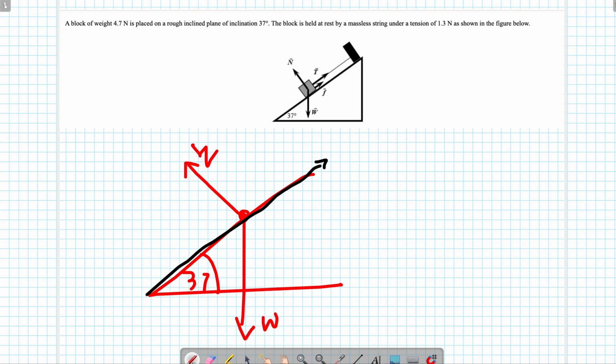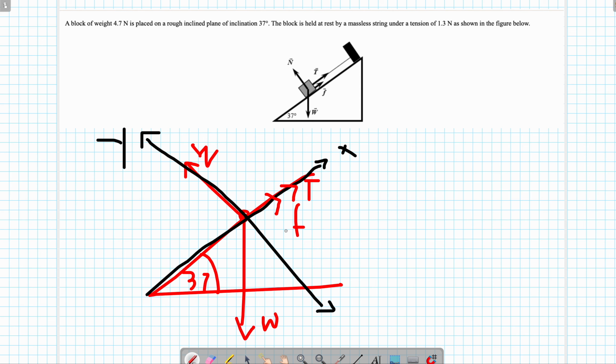This will be the x-axis, and perpendicular to it, which is where the normal is, will be the y-axis. Okay, I'll even draw down just in case. They said there is also tension and friction. Wait, is that friction? Yeah, that's friction.